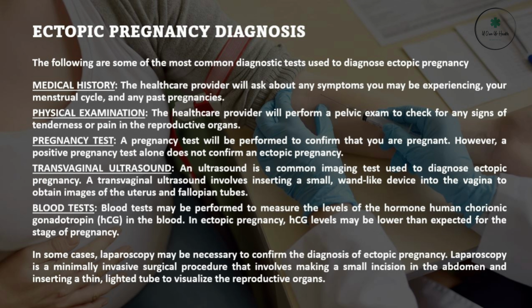In ectopic pregnancy, HCG levels may be lower than expected for the stage of pregnancy. In some cases, laparoscopy may be necessary to confirm the diagnosis of ectopic pregnancy. Laparoscopy is a minimally invasive surgical procedure that involves making a small incision in the abdomen and inserting a thin, lighted tube to visualize the reproductive organs.